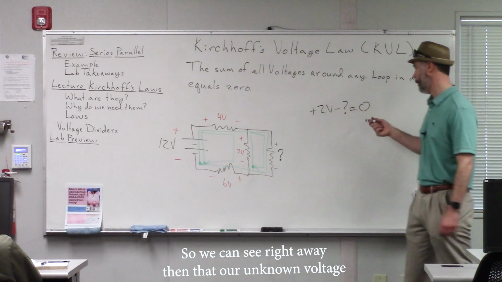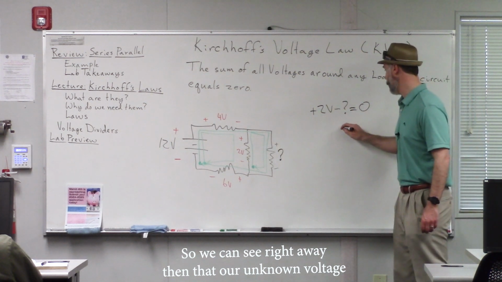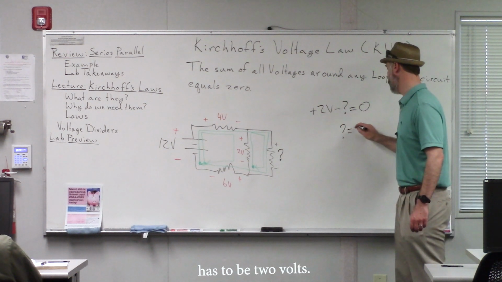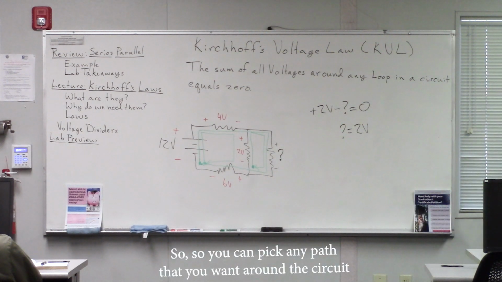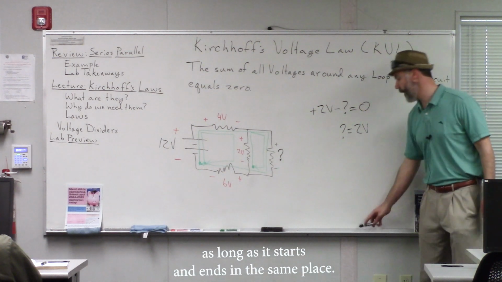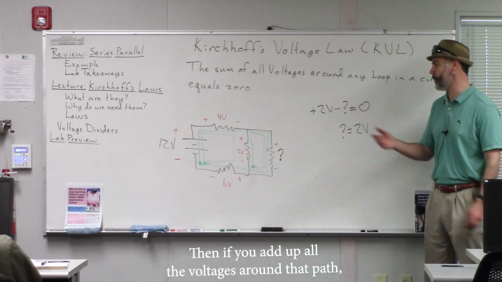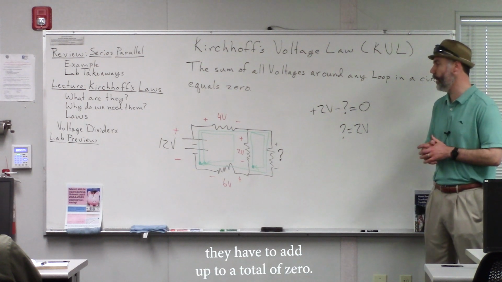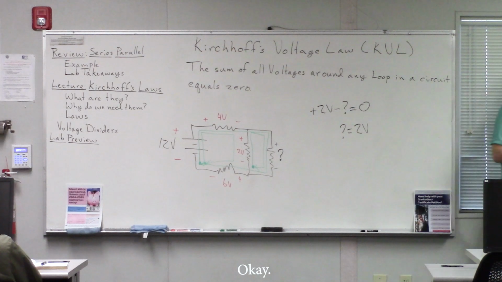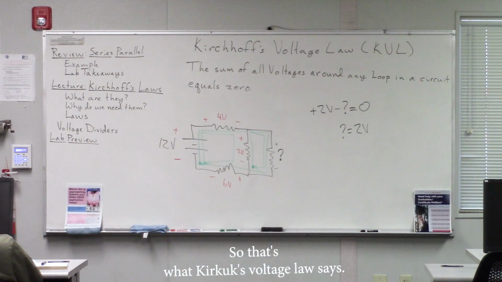So we can see right away then that our unknown voltage has to be 2 volts. Okay? So you can pick any path that you want around the circuit as long as it starts and ends in the same place. Then if you add up all the voltages around that path, they have to add up to a total of 0. Okay? So that's what Kirchhoff's voltage law says.